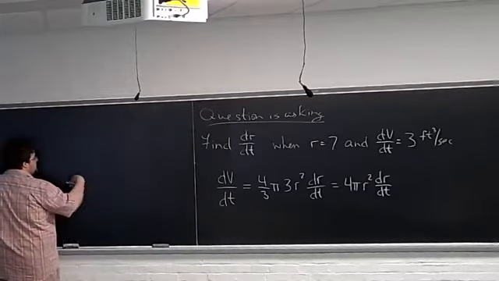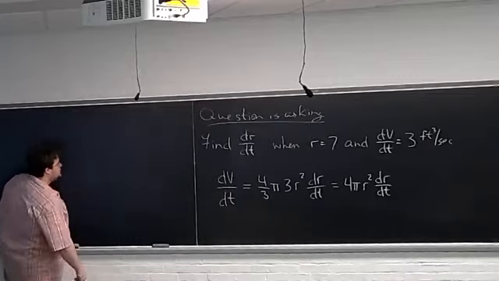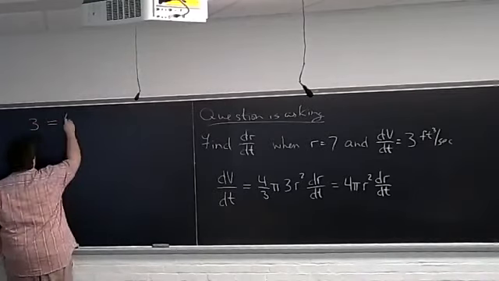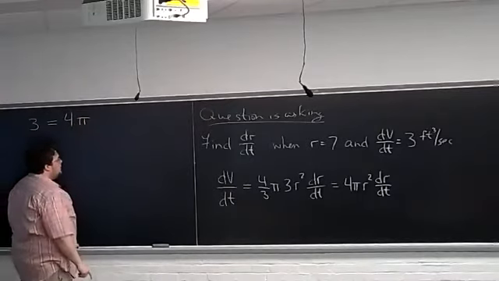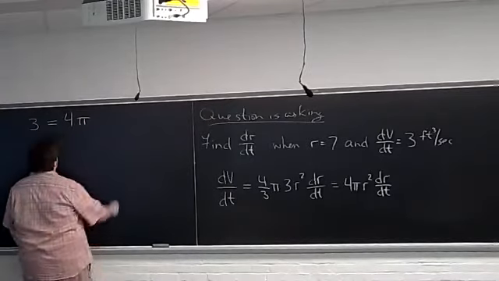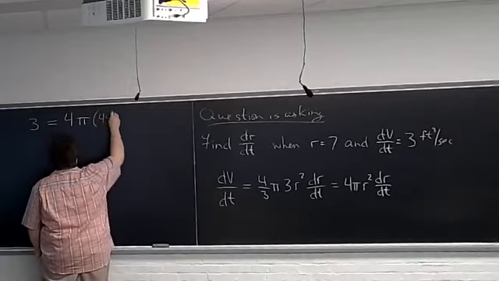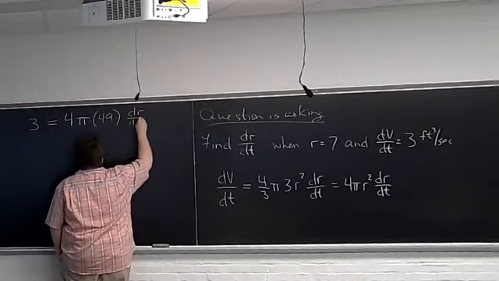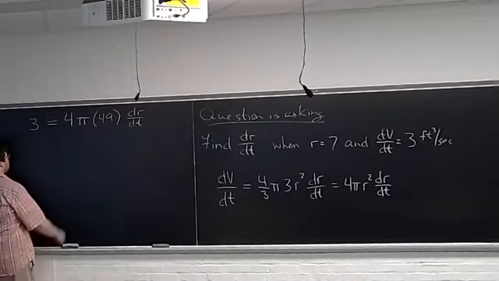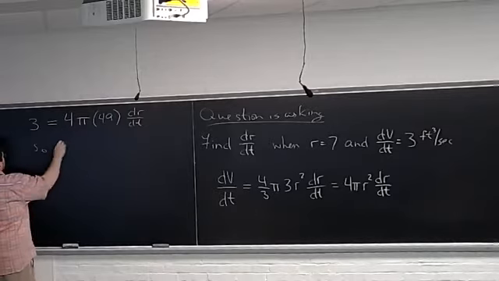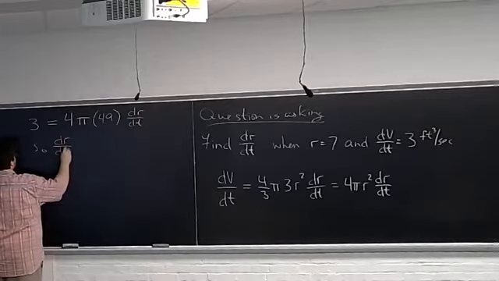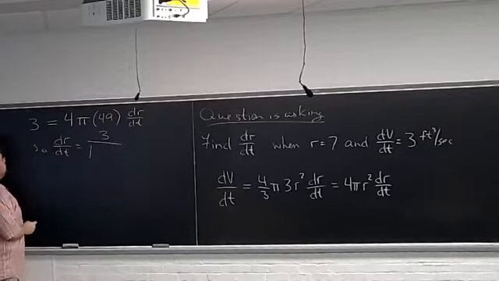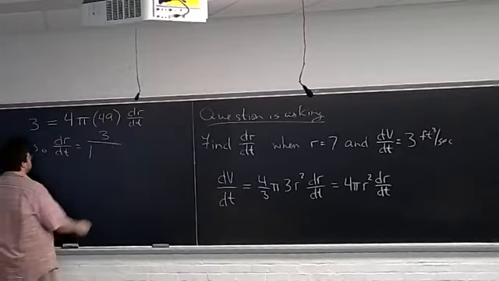So we have dV/dt equals 4 pi r squared dr/dt. dV/dt is 3. 4 is 4. Pi is pi. r squared is 7 squared, so 49. And dr/dt, solve this for dr/dt, divide by that. 49 times 4 is 196.